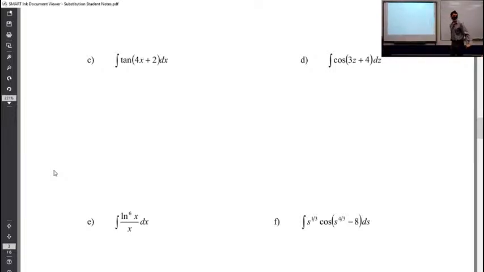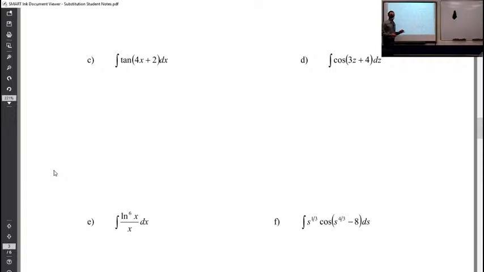Might not look as hard, but it is actually trickier than it looks. Now, some of you might be able to do part D without a u substitution at all, and just thinking about the chain rule and how it undoes itself. But let's take a look at how this process of a u substitution would work.